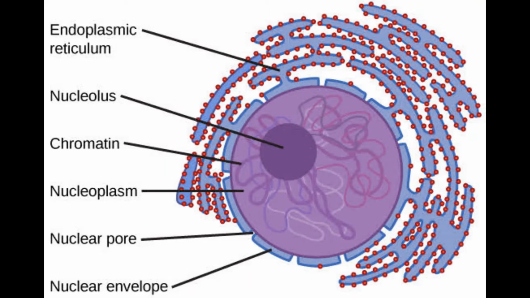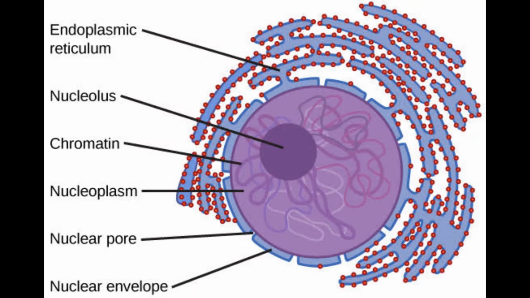Here in your diagram it is written as nuclear pore. Nuclear pore means holes or small openings through which material can go inside the nucleus and material from the nucleus can come outside.